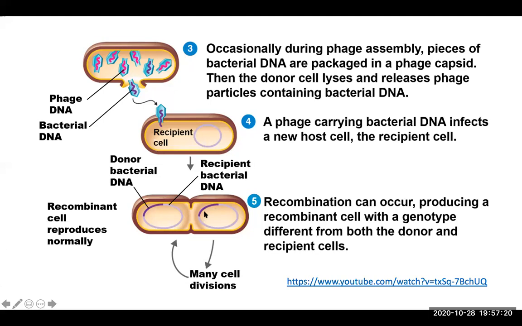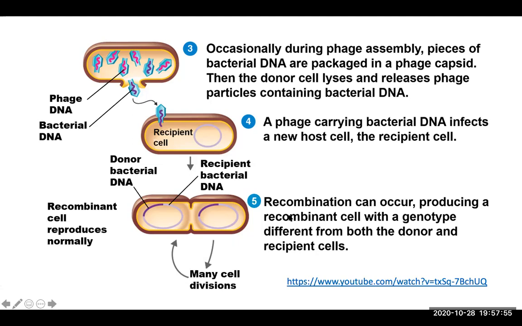What's shown here is the recombination event. Foreign DNA from that first host has been added into the bacterial chromosome. Then when that bacteria undergoes binary fission, as it always does, it will copy that whole chromosome. Now you'll have 2 identical bacterial cells, both with the donor bacterial DNA and the original DNA, and that will continue on and on as it divides.